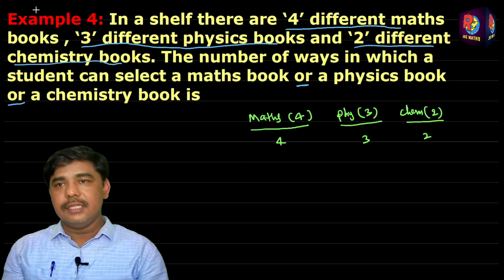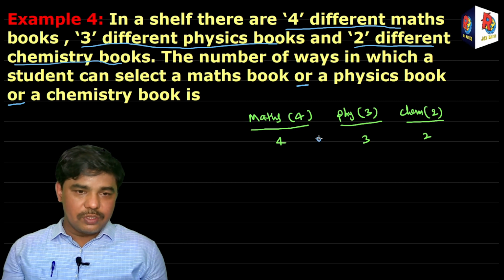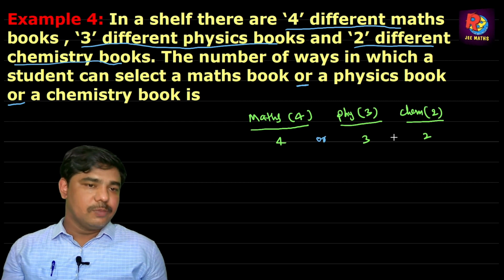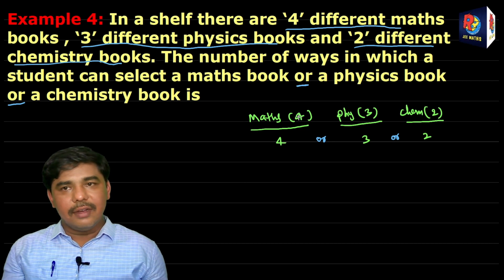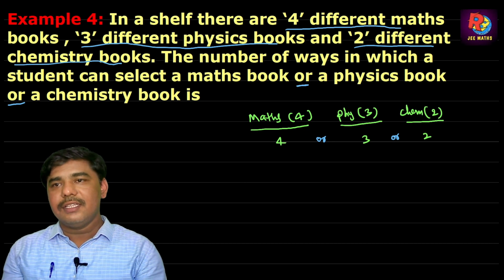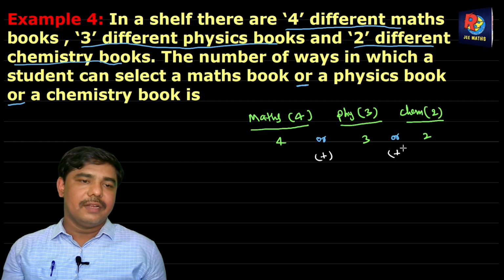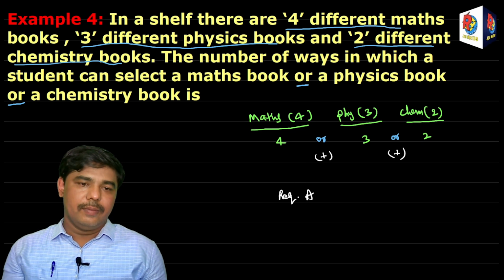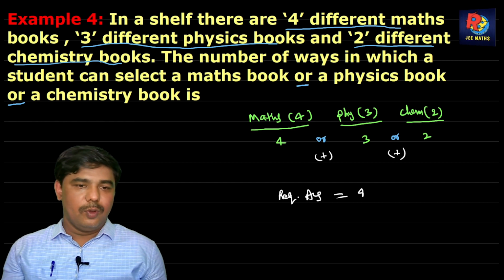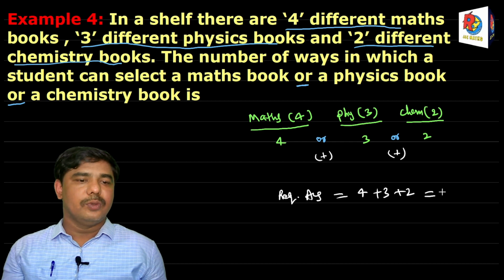But the student needs to select either a maths book or a physics book or a chemistry book. Here the keyword OR represents the addition rule. OR means compulsorily we need to use the addition rule. So the required answer is 4 plus 3 plus 2, that equals 9 is the answer.